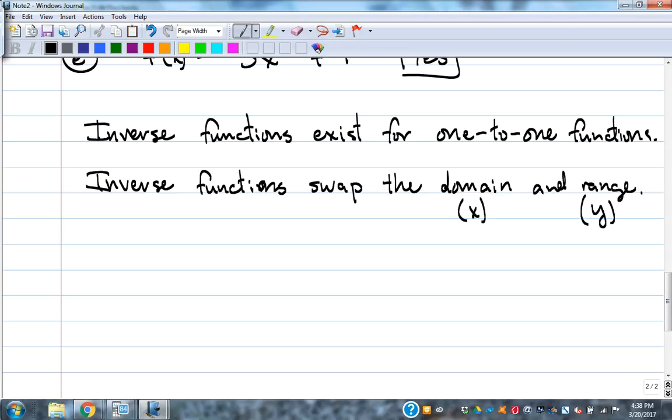Okay, when you're talking about one-to-one functions, their inverses are functions. That's what puts these in the same section together. Inverse functions swap the domain and the range. So that's why it's important that they're one-to-one and their inverses are functions, because the x's nor the y values repeat out of that. So when we're talking about inverses, we're talking about swapping x and y.